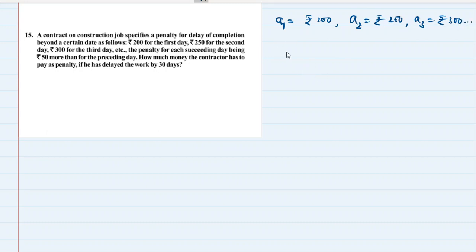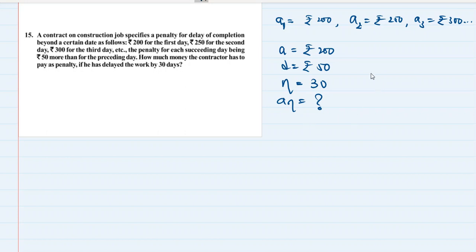Okay, so we can easily say that a, the first term, is ₹200. The common difference d is ₹50, right? We have to find the money the contractor has to pay as penalty after 30 days of delay. So n, that is the total number of delayed days, is 30, and we have to find the nth term.